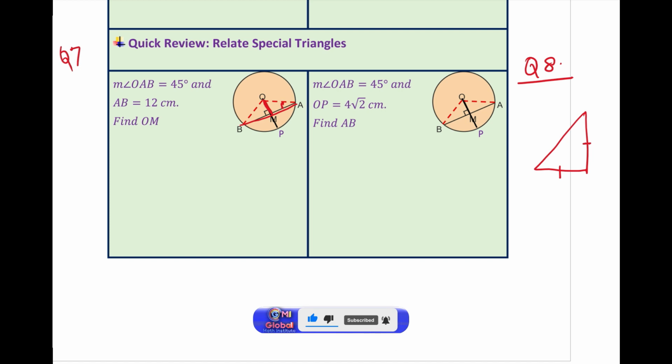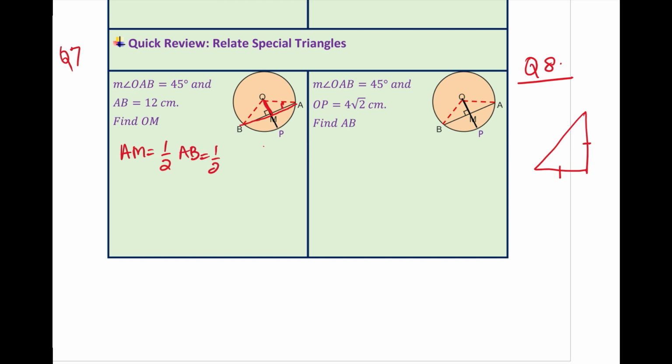Okay. So since we know AB, we can find what A to M is, right? So A to M is half of AB, which is half of 12, and that gives you 6. And we know it is 45 degrees. So 45 degrees means it's an isosceles triangle.